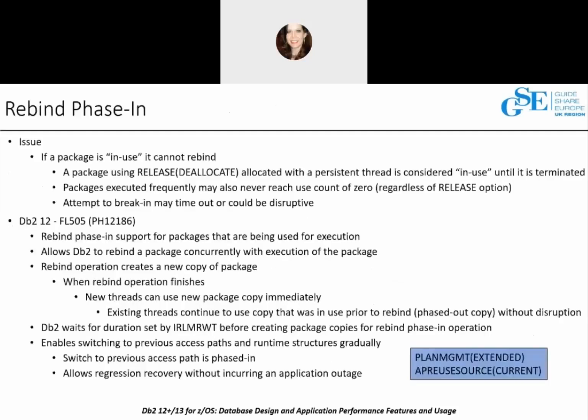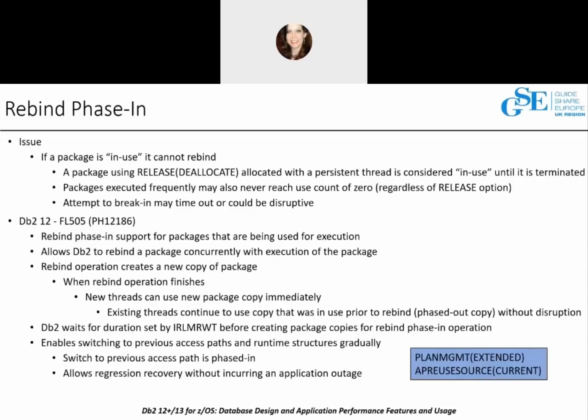With our applications now, some of the really nice features came out in function level 505, the biggest one being the phased-in rebind. This allows us to create copies of our packages, and everyone who's using that package can keep using it while we're doing our rebinds, and then we'll have our new copy available once we complete the rebind, without disruption.